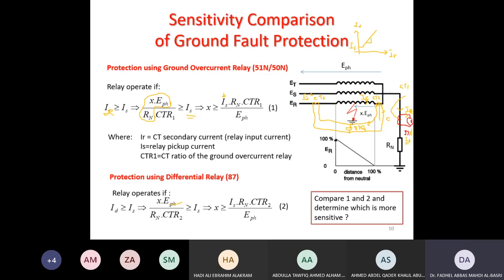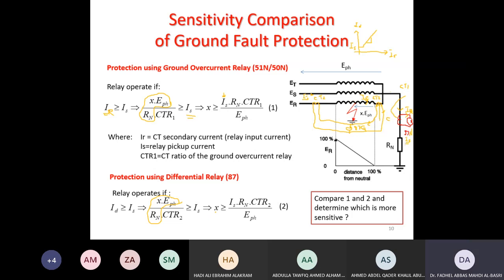So this is the fault current divided by CT ratio 2. This gives me the fault current minus I2 gives me the differential current, and I2 here is 0, and that also has to be greater than this. This is the first condition.